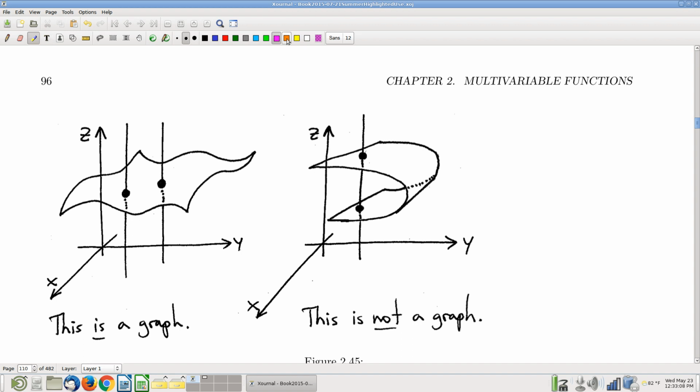Again, that surface, a vertical line is going to intersect there and there. So this fails the vertical line test, so this surface is not a graph of a function. So it's morally identical to the single variable equivalent theorem. I just wanted to state it for the record here.